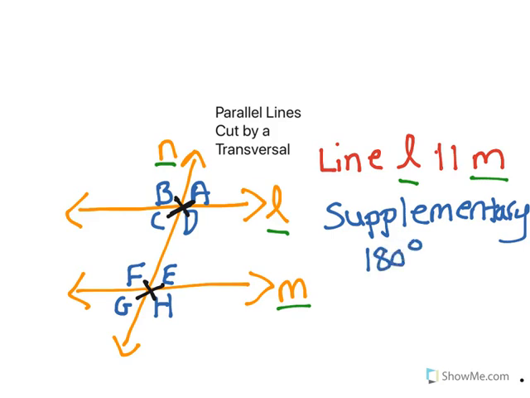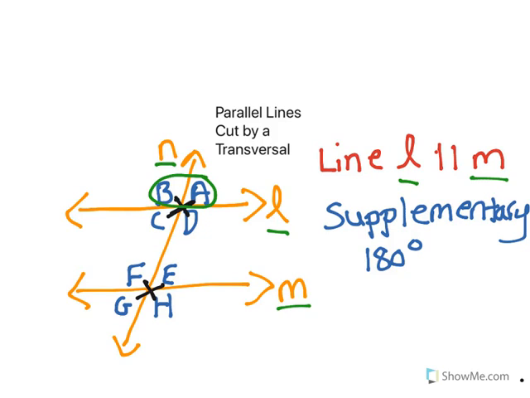So in our example here, angles A and B are supplementary. They're next to each other on the same line, so they are going to add up to 180. So if angle A was 80 degrees, that would mean that angle B would be 100 degrees.